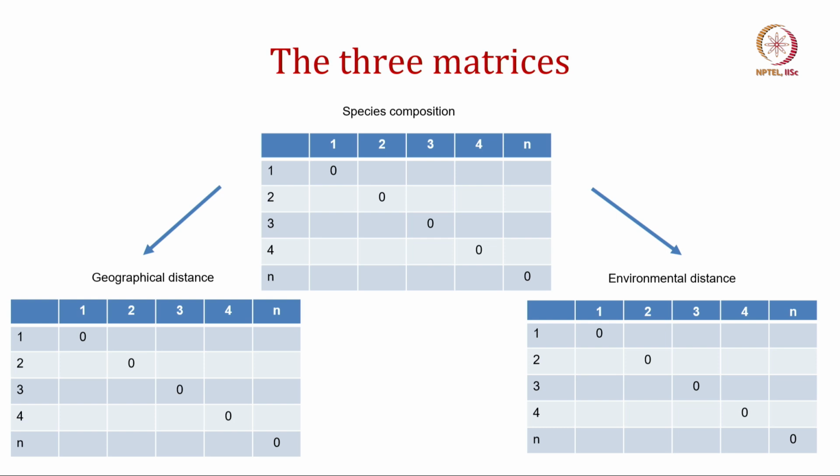So in this, I have 1 to n, of course, but let's just say there are 5 rows. So if I had measured 5 sholas, I would have 5C2, and therefore 10 pairs of similarities of species composition.